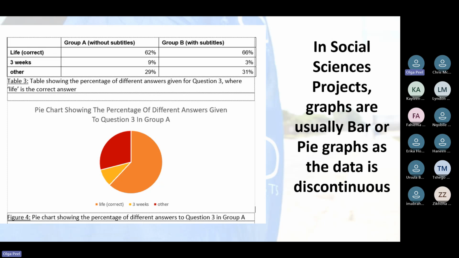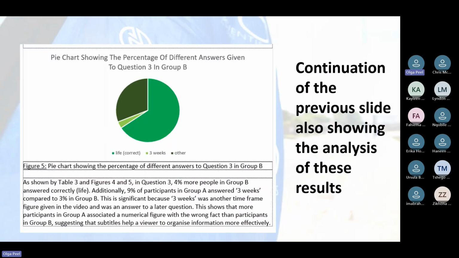So also for a pie graph, the data must add up to 100%, which you can see I checked. In fact, I checked before I put this on, I checked that the data added up to 100%. So in actual fact, pie graphs are also very useful to show relationships between things. And here's the pie graph of the column B, and you can see immediately the analysis is there.